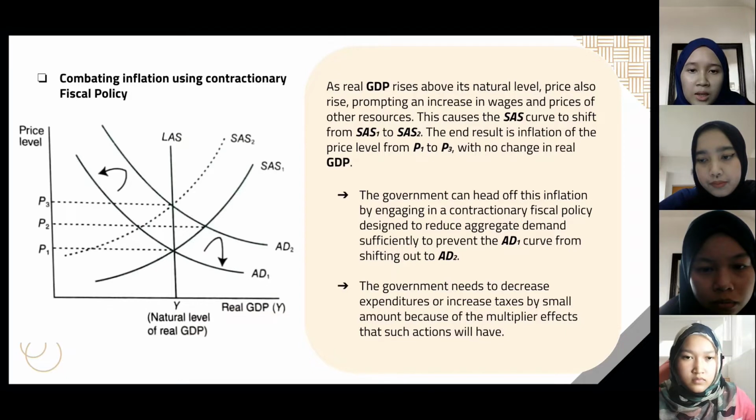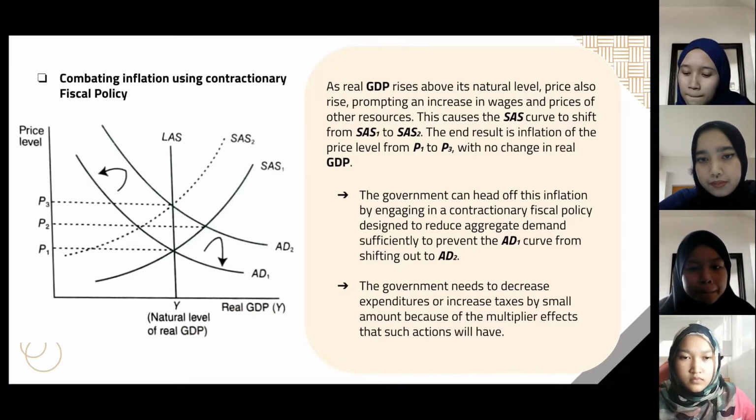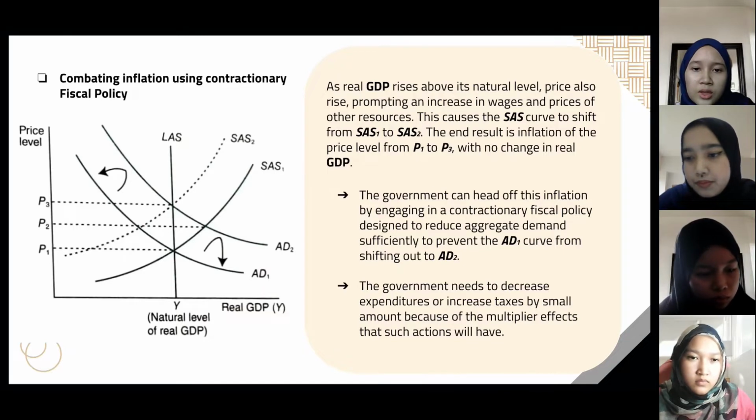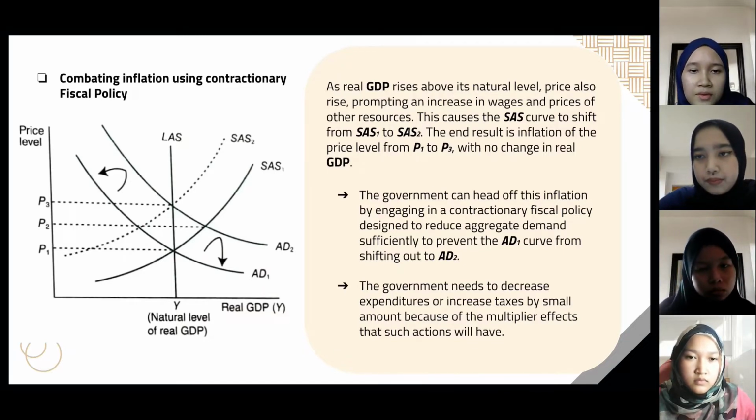So the government can head off this inflation by engaging in a contractionary fiscal policy designed to reduce aggregate demand sufficiently to prevent the AD1 curve from shifting up to AD2. The government needs to decrease expenditures or increase taxes by a small amount because of the multiplier effect that such action will have.